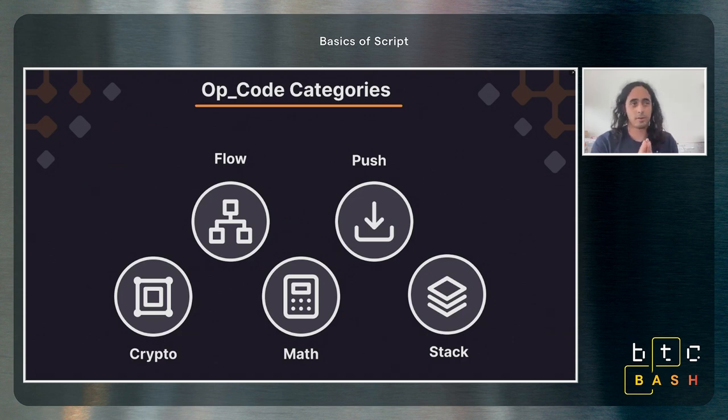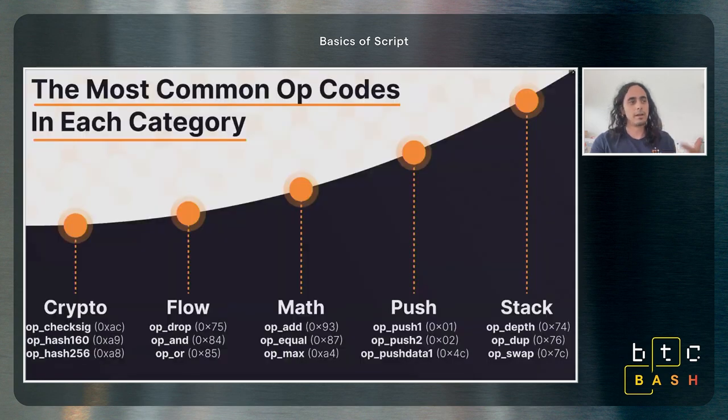Starting with the opcodes, these are the 5 categories of functions you can expect to see within script. Here we'll see a few of the most common ones, or ones you might be familiar with. When it comes to cryptography, checksig is usually the last and most important op when you want to confirm a transaction.